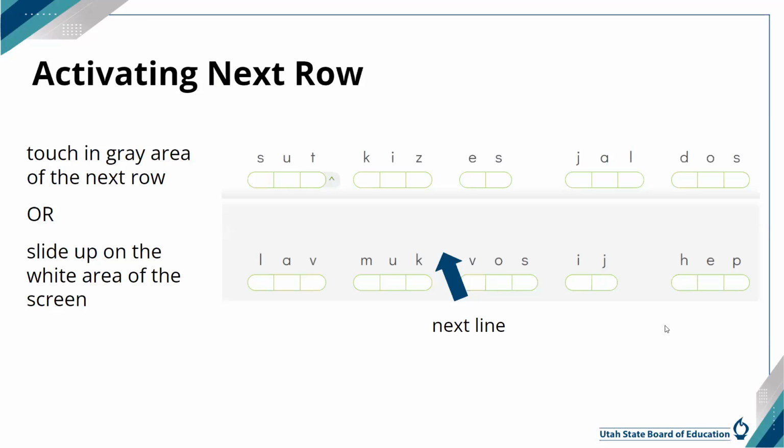If you have a student who is very fluent, it is helpful to use two hands so that you are using one hand to score and one hand to activate the next line. So as your scoring hand goes from the last word DOS to the first word lav, your other hand can activate the bar so that you can keep up with your fluent students.